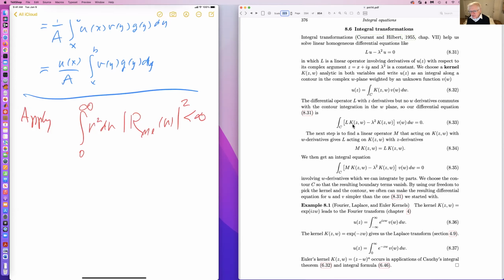So L acting on the Z's minus λ squared, K V(W), is 0. So that's what we have.